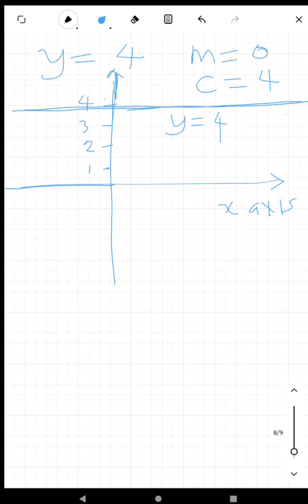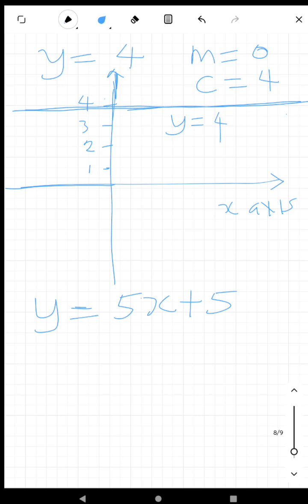So let's move to the next question, which is y is equal to 5x plus 5.